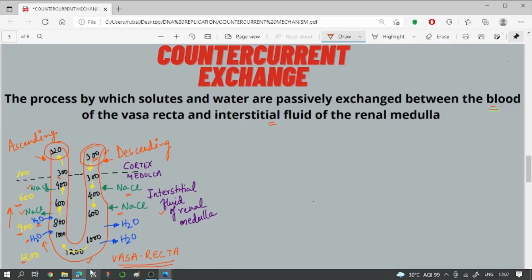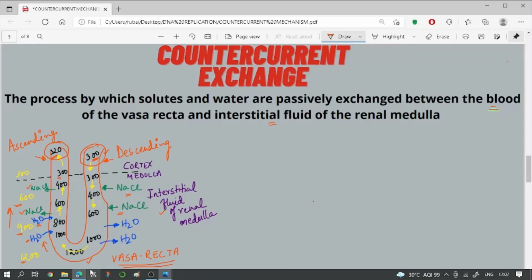So the osmolarity of blood leaving the vasa recta is only slightly higher than the osmolarity of blood entering the vasa recta. As you can see the values written over here, the blood leaving the vasa recta has an osmolarity of approximately 320, which is slightly higher compared to the blood which entered the vasa recta, which was around 300.